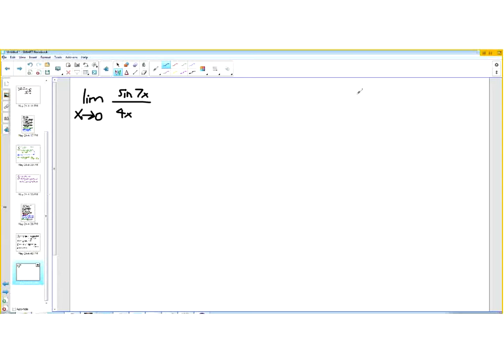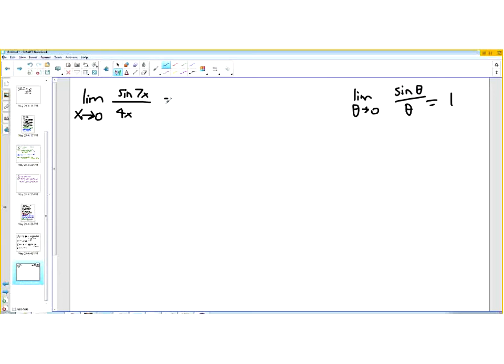Well, we know that the limit as theta approaches 0 of sine theta over theta is equal to 1. So we use this fact to solve this particular limit problem.